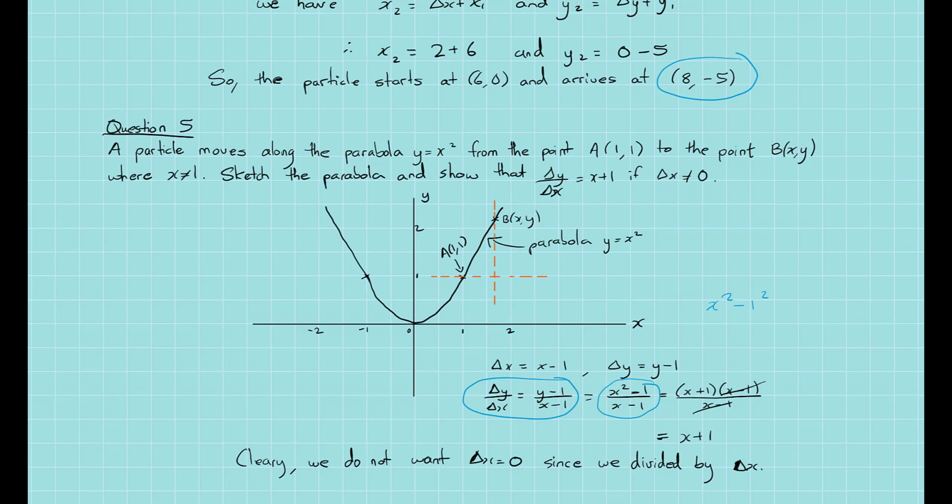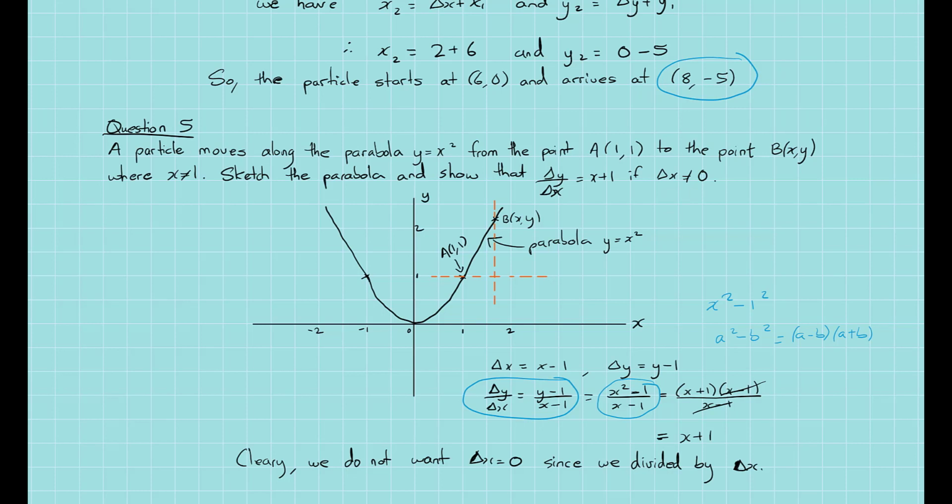And we know from algebra that the difference of two squares is factored as, in this case, (x plus 1)(x minus 1). Or if you remember the rule, a squared minus b squared is equal to (a minus b)(a plus b). And then we can cancel with the denominator to get x plus 1.